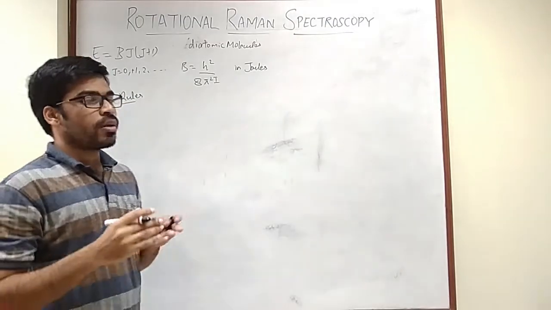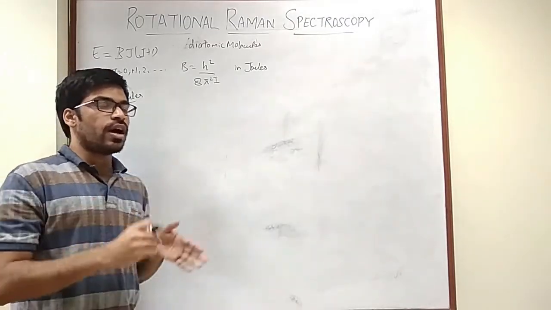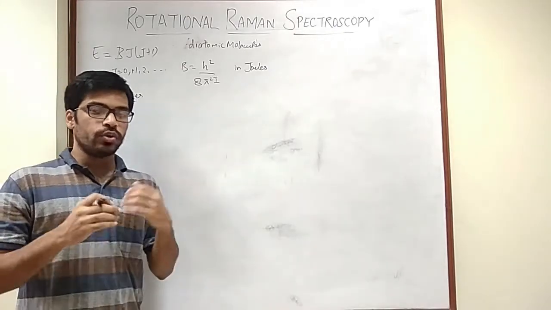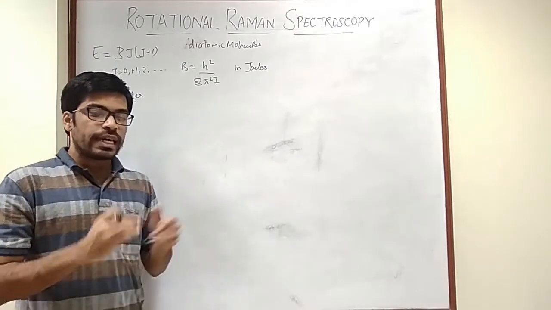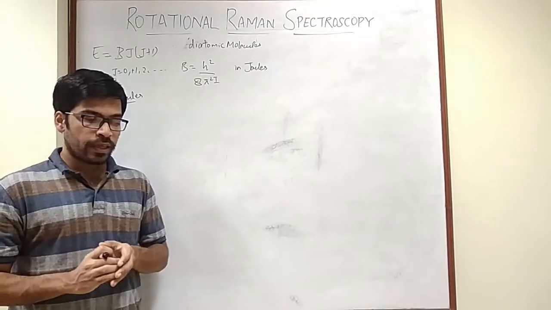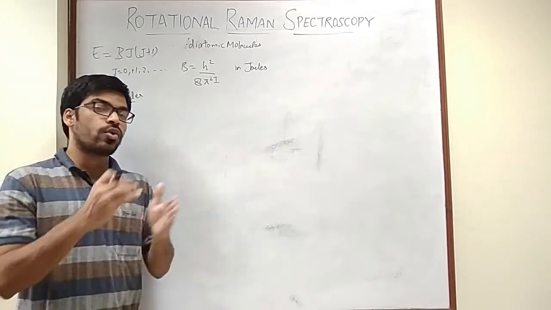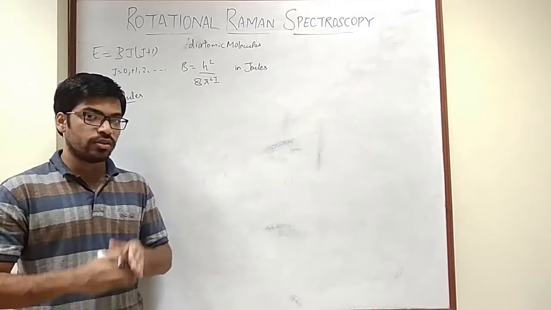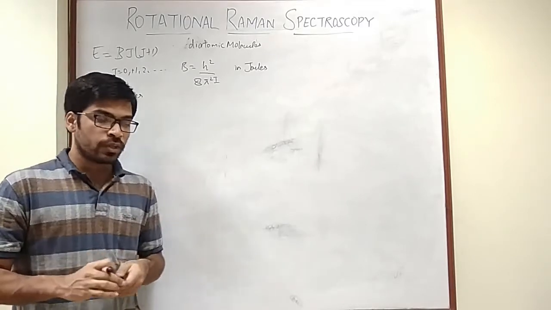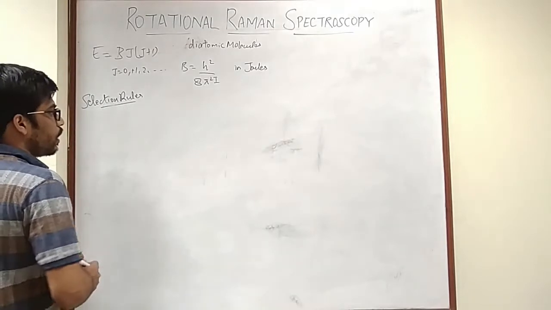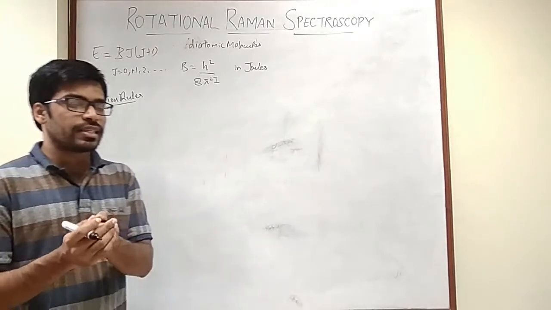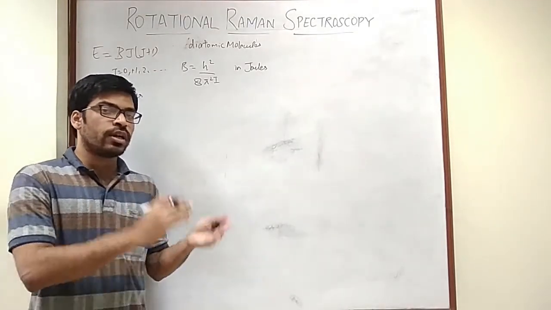Okay, so whenever we're talking about rotation Raman spectra, we are trying to visualize a molecule which is rotating in the presence of an electric field. And we are trying to see how the polarizability of that rotating molecule is changing because of its rotation. So what is the necessary condition for the molecule to be rotational Raman active?